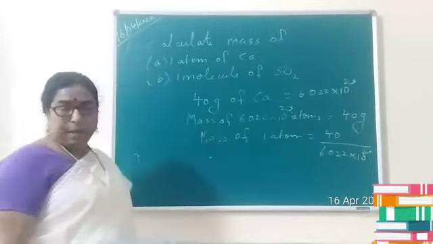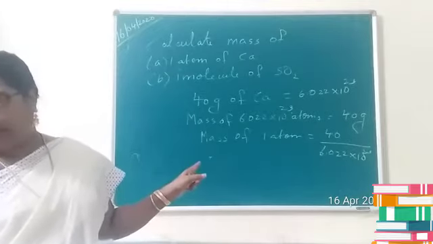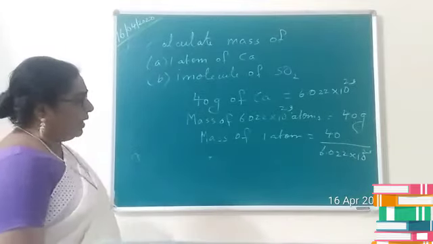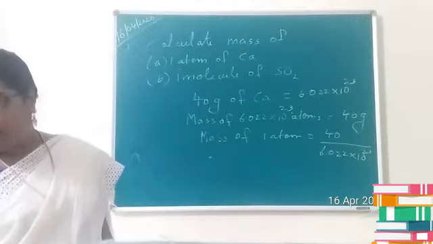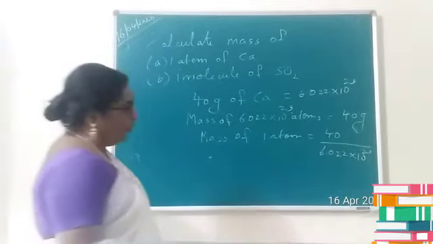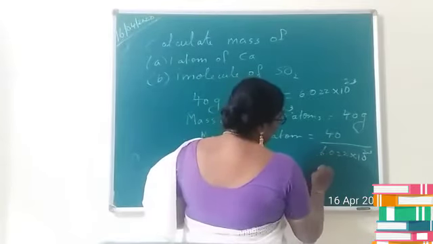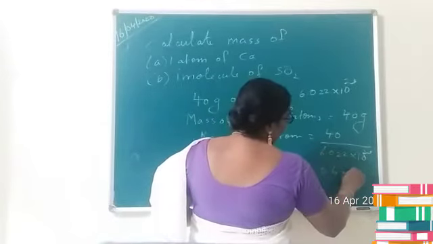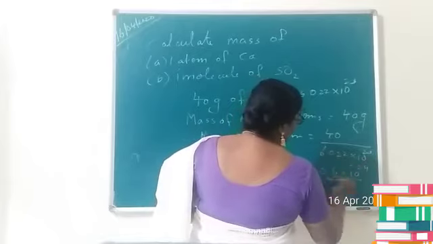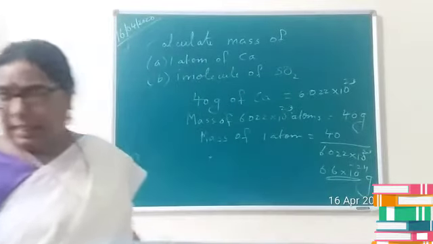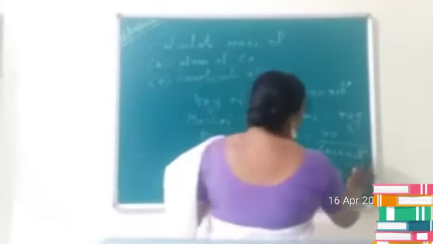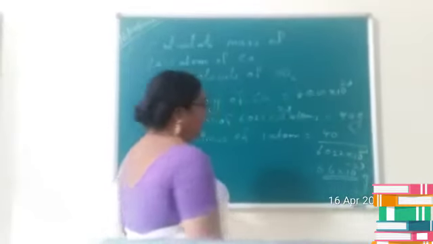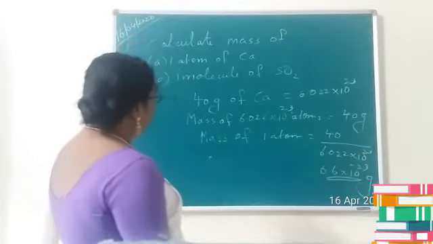Therefore, in this case, the mass of one atom of calcium is 40 divided by 6.022 into 10 to the power 23. If you simplify this, we get 6.6 into 10 raised to minus 24 grams. Is it clear, children? This is how you can calculate the mass of one atom of calcium.